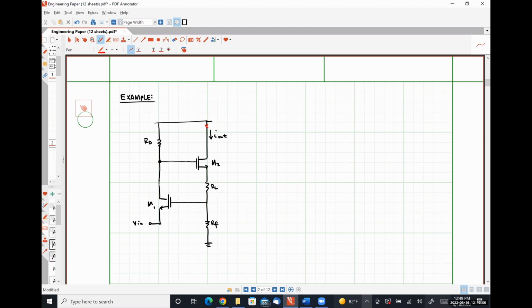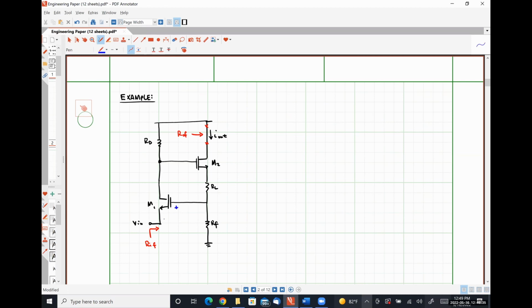I'm going to label these little X's right here; I'll explain what they mean momentarily. This is where we're going to measure our output resistance with feedback. Looking in through here is where we're going to measure our input resistance with feedback.